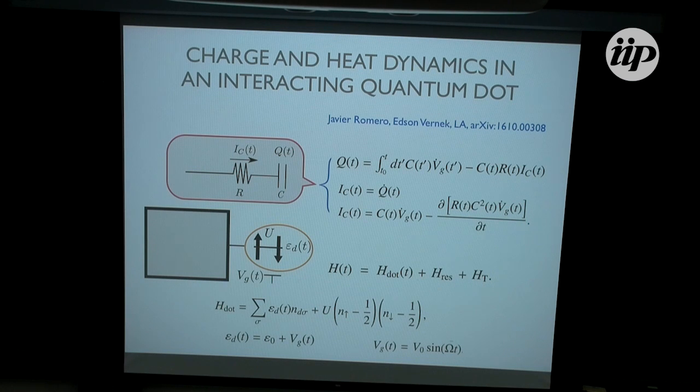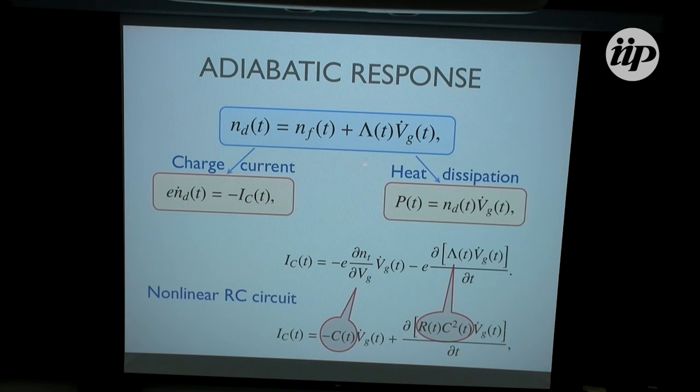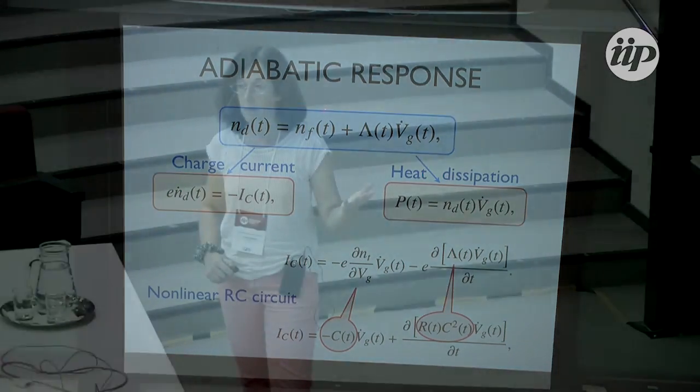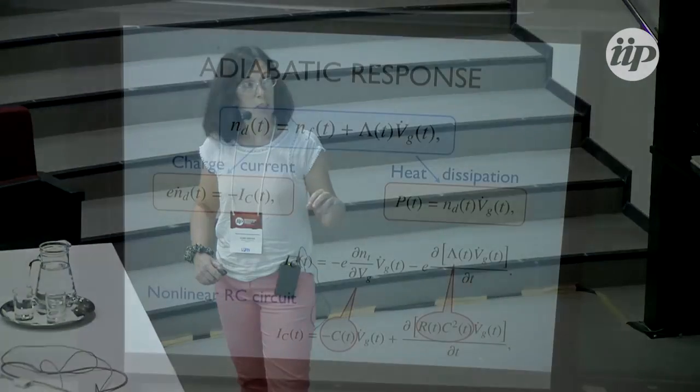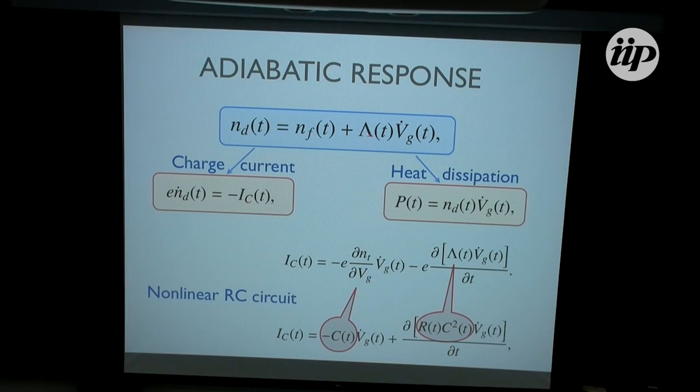Now I can apply the adiabatic formalism I formulated before to calculate the charge in the quantum dot. It will have some contribution evaluated with the frozen Hamiltonian plus some correction proportional to V dot, which depends on this coefficient.